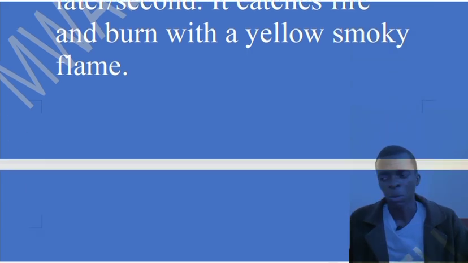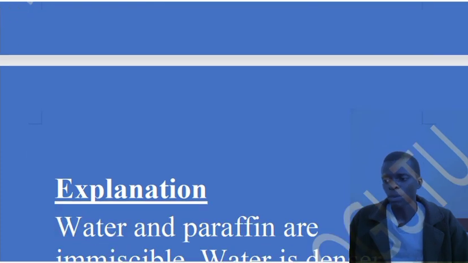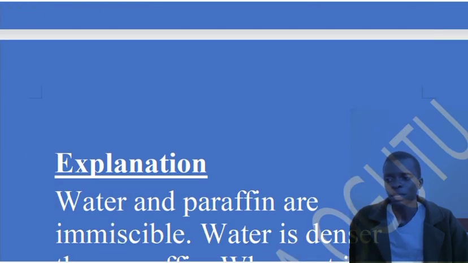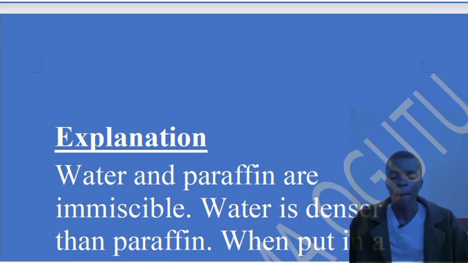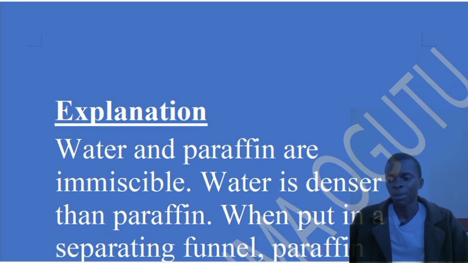Then we explain the observation that we have made. We are saying that water and paraffin are immiscible liquids. Water is denser than paraffin, and when put in a separating funnel, paraffin floats on water. On opening the tap, water runs out first.